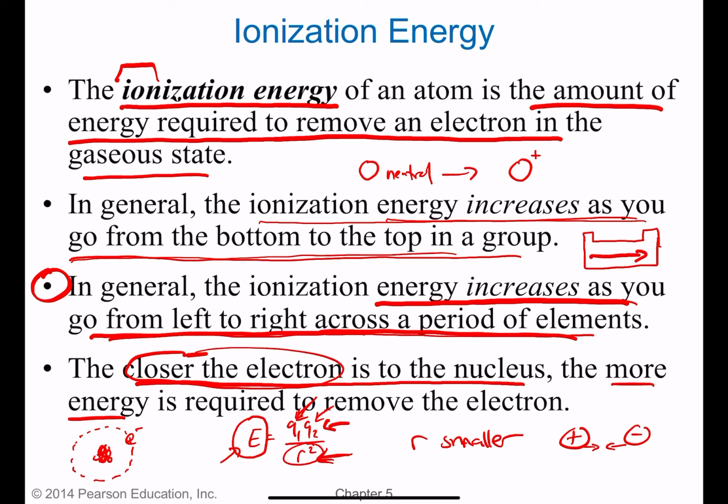So that Q1 quantity is getting larger, and if the numerator in a fraction gets larger, then the quantity you're calculating also gets larger. So as we go from left to right, we're adding more protons, there's a stronger Coulombic attraction, and more energy is required to remove an electron. Again, it's a very similar theory for why atomic radius also has that trend. Same principle, where we're talking about Coulomb's law.